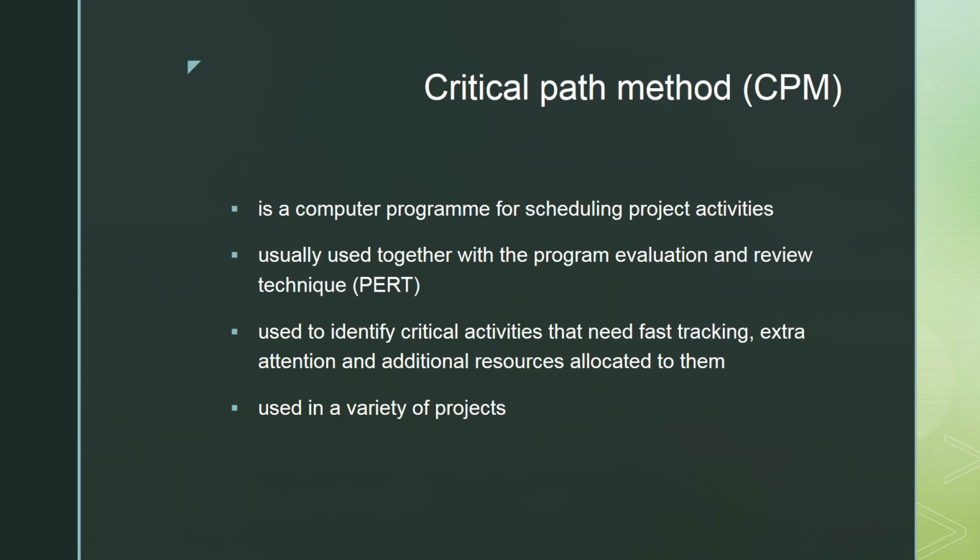It is the purpose of the critical path method in conjunction with the program evaluation and review technique to ensure that any adjustments that need to be done are done in order to meet the overall goal of the project. And therefore, the CPM is used in a variety of projects.